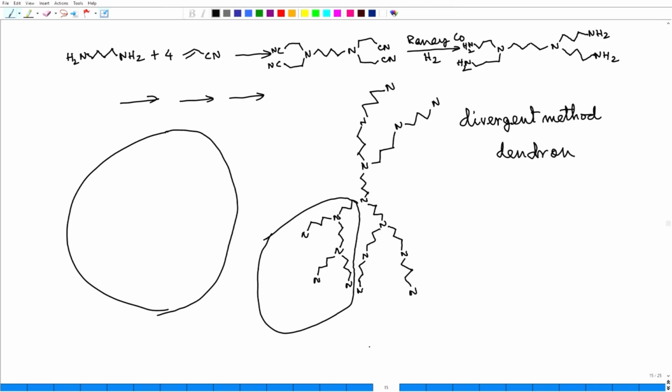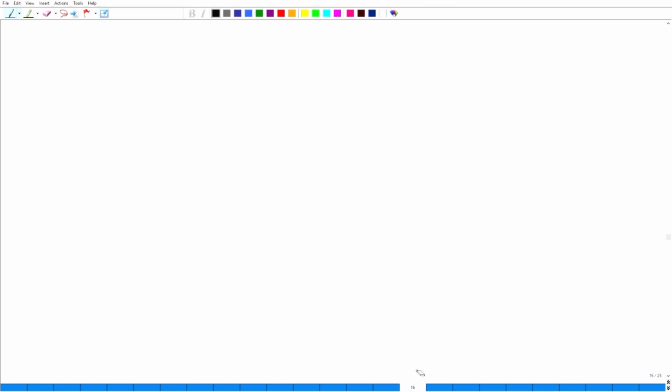So, divergent is from inside to outside and convergent is from outside in. Okay. So, now let us see, we make dendrons first and then converge them. First make a dendron. SiMe3.